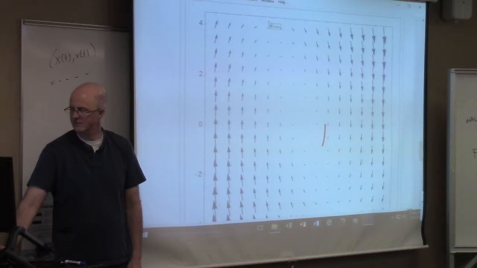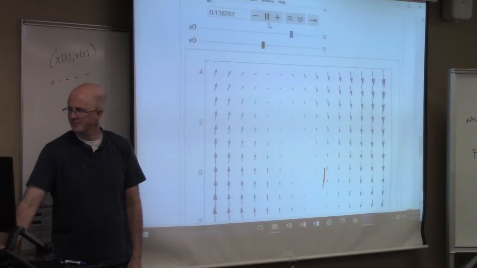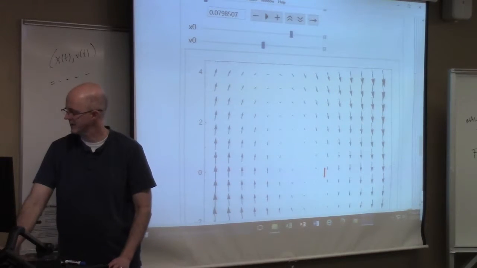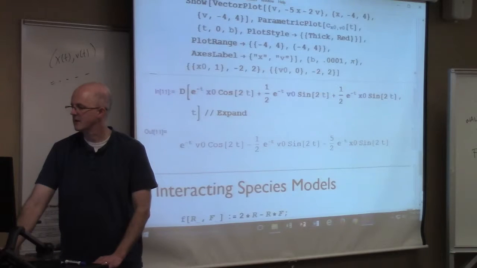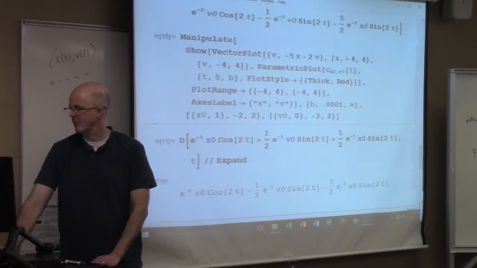The solution curve does follow it, though. I don't know why it's stalling so much. It's hard to tell when it's close to the origin. We should probably zoom in closer to the origin here to see this better. So let's go negative 2 to 2 for all this stuff.